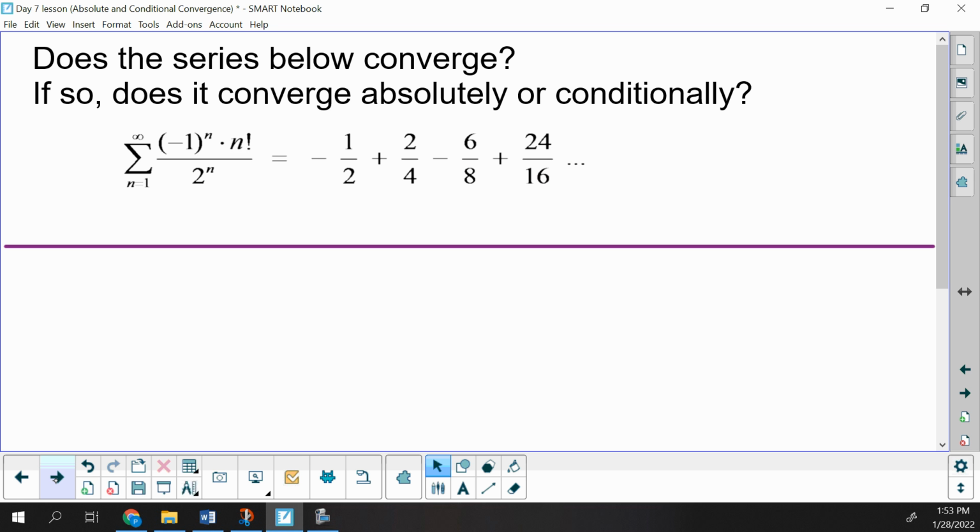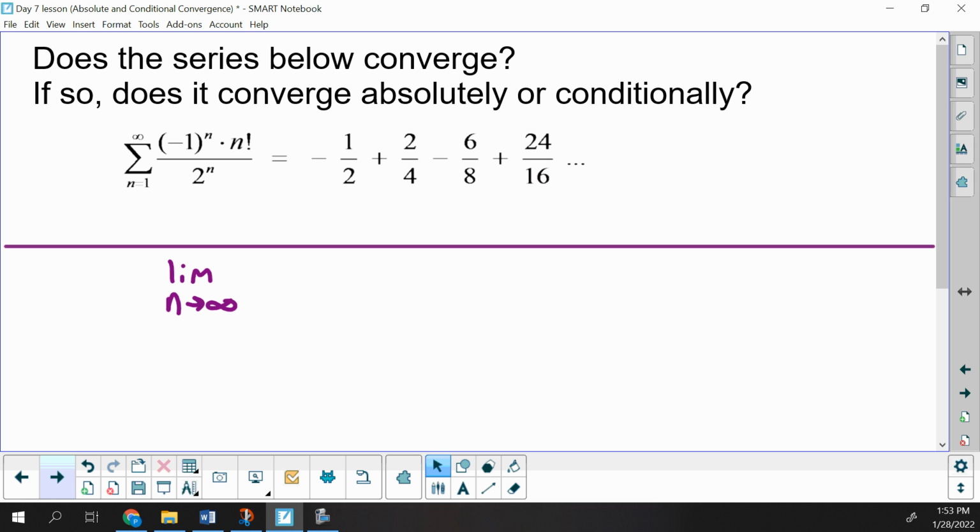All right, so this last one we're going to look at, we've got an alternating series with n factorial over 2 to the n. We've got some of our terms written out. And if you notice, the absolute values of each of the terms, you've got a half, 3/4, now 3/2. Those terms are not getting smaller.